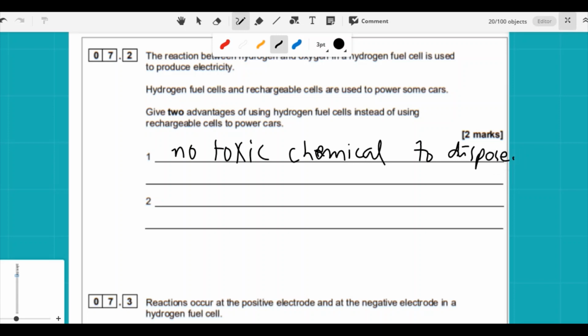Okay, and the second one is that it takes less time to refuel.